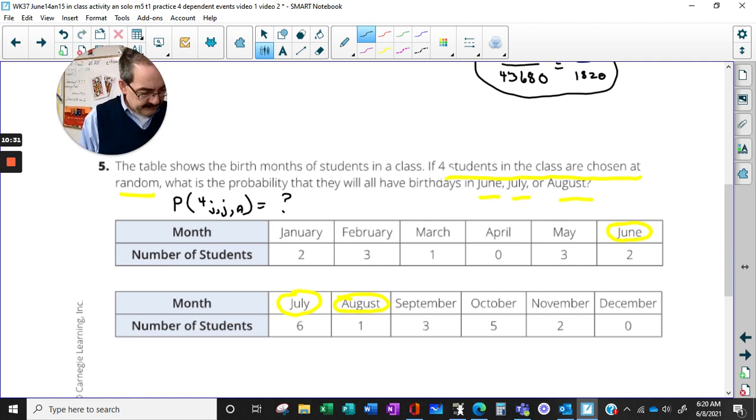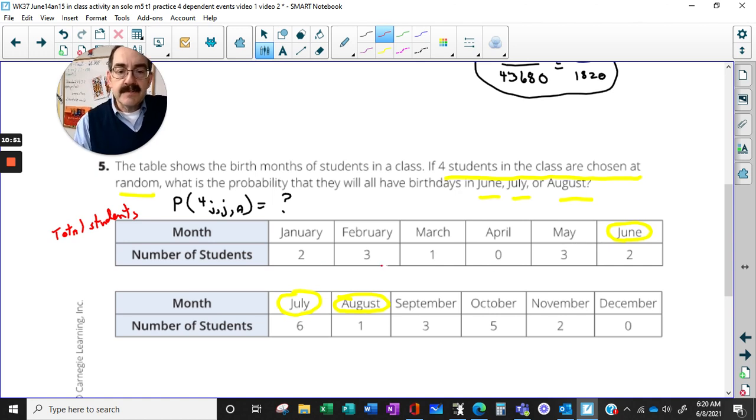All right, welcome back. Now, add them up. Got to add them up. We need a total. Okay, so the total students. 2 plus 3 plus 1 plus 3 plus, oh my God, I messed up.